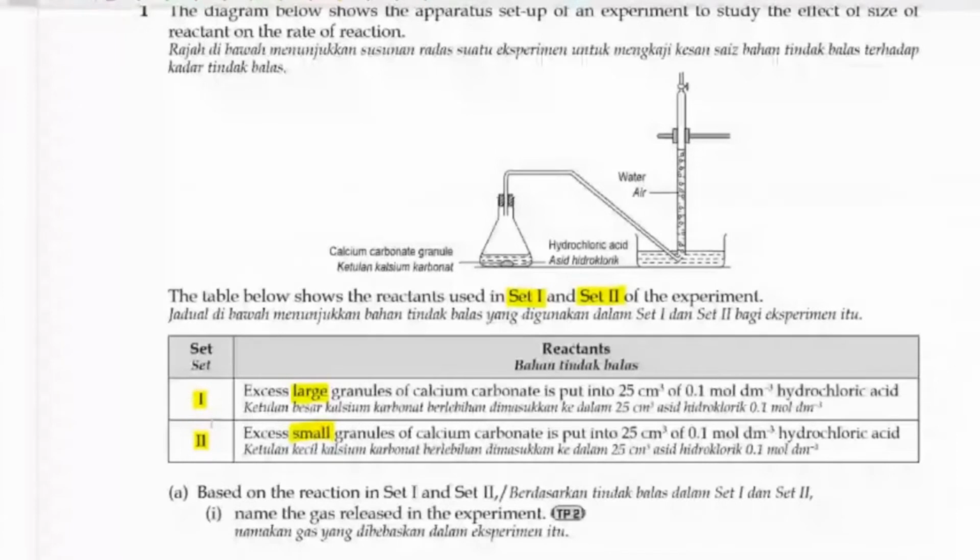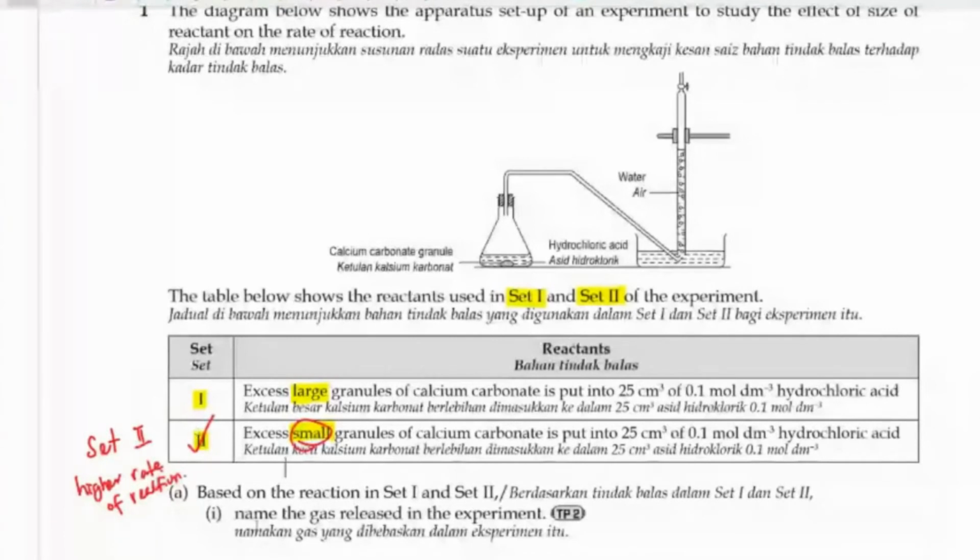Smaller size, meaning set 2. Okay, very good. Set 2 has the higher rate of reaction because it has a smaller size.